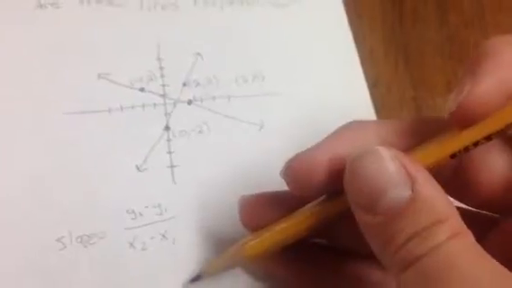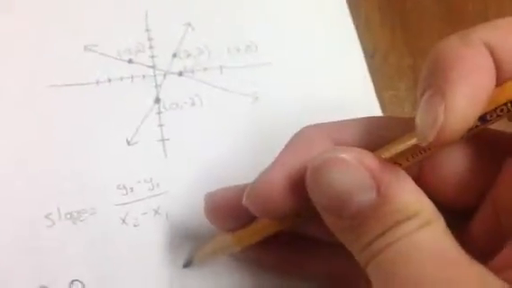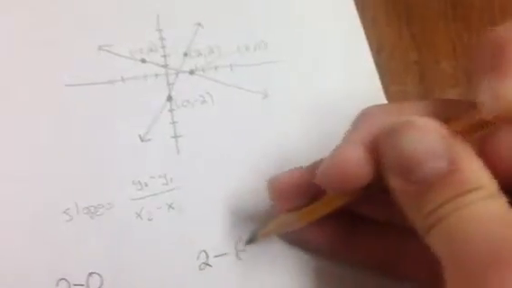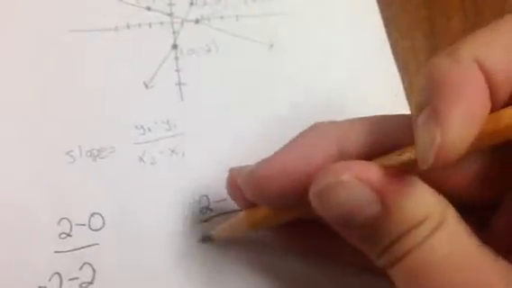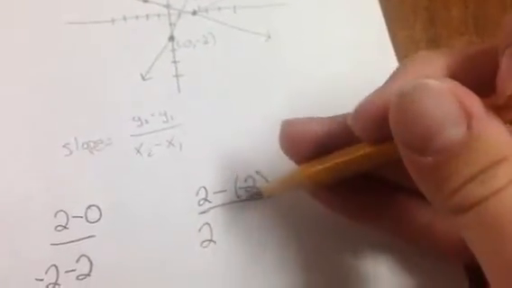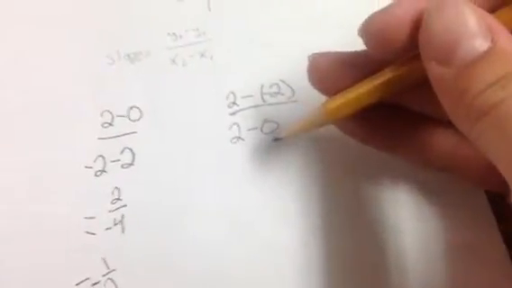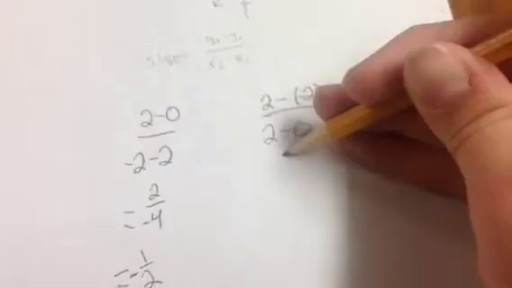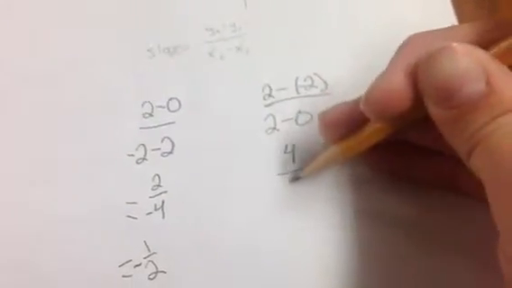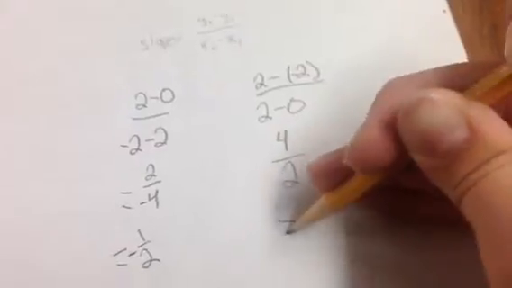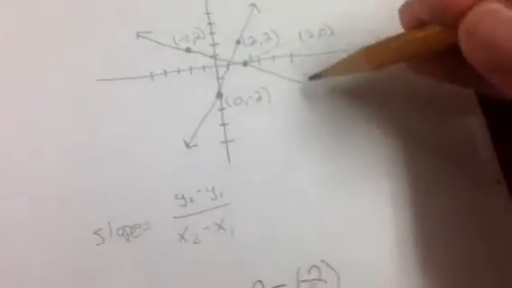So in this line, y2 is equal to 2 and y1 is -2. x2 is also 2 and x1 is 0. So this here simplifies to 2 minus -2, which is 4 over 2, which simplifies to 2. So the slope of this line is 2.